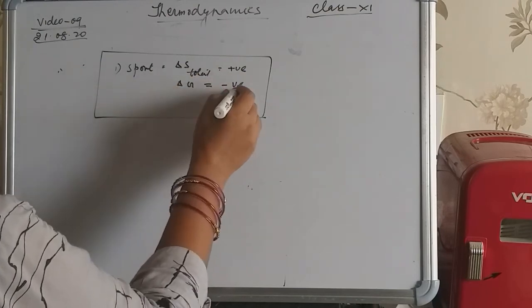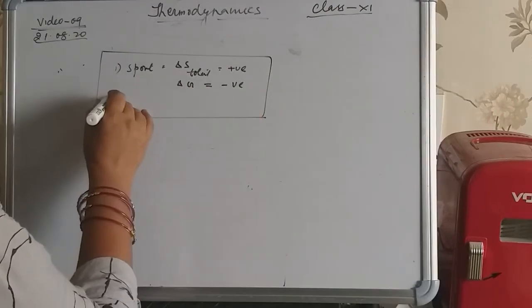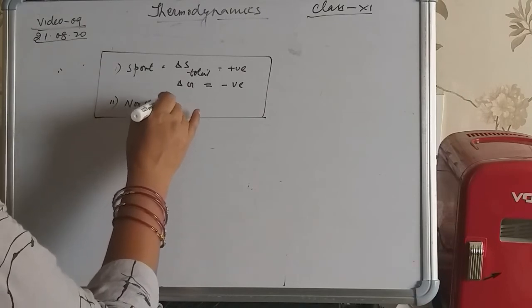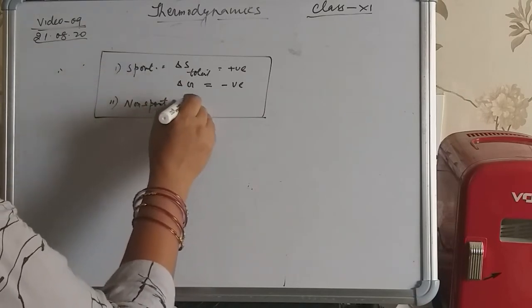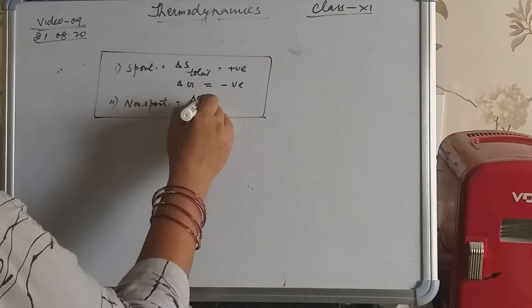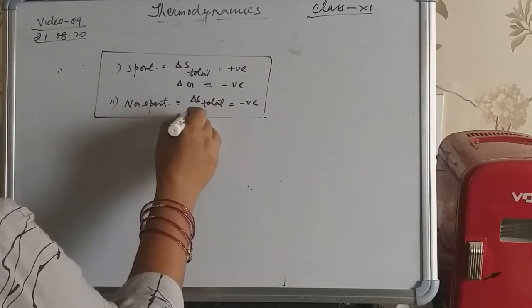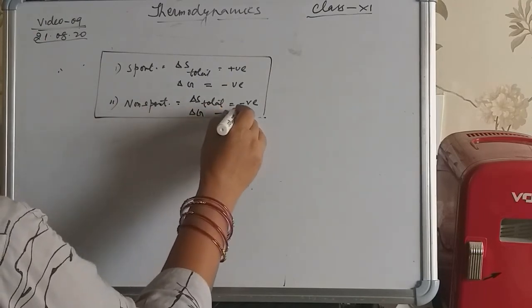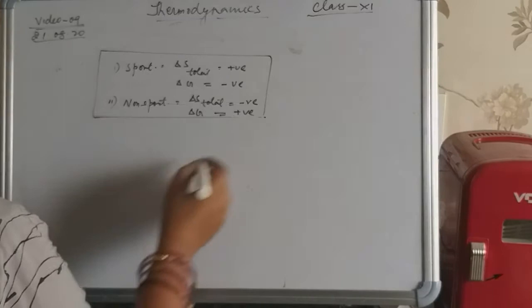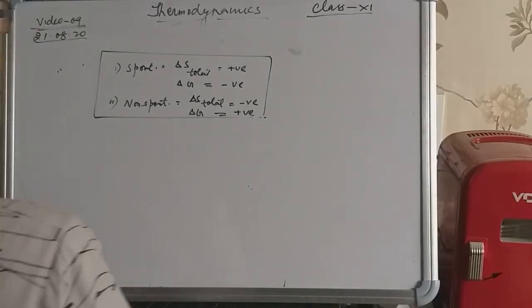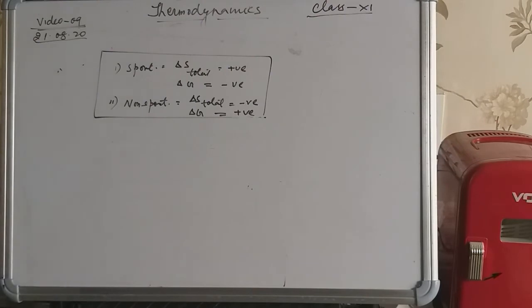This is positive, this should be negative. For non-spontaneous, del S total is negative, so del G is positive. By this we can remember the value of Gibbs energy for the spontaneous and non-spontaneous process.